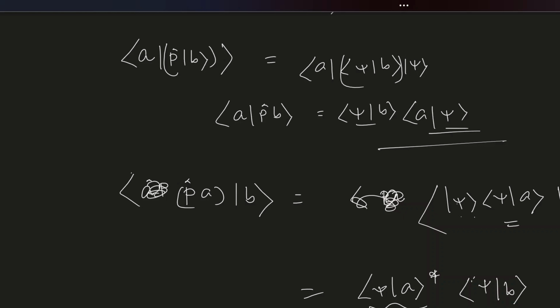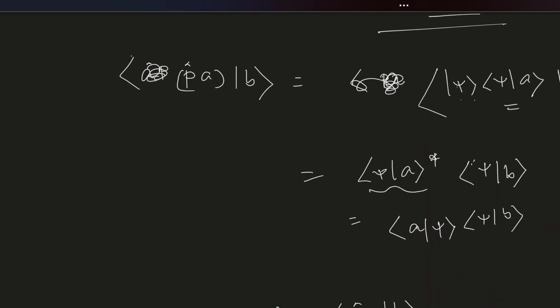A and B are any two states. Then A P B equals A P dagger B, so P equals P dagger, because the expectation value between two states is giving you the same for P dagger. That means it is Hermitian. That is proved.